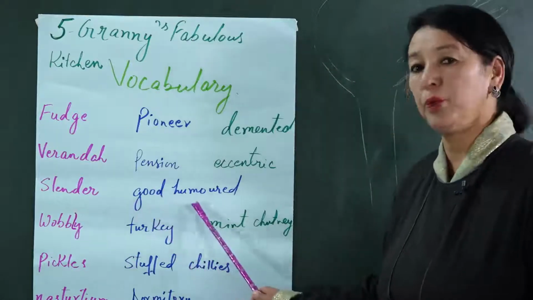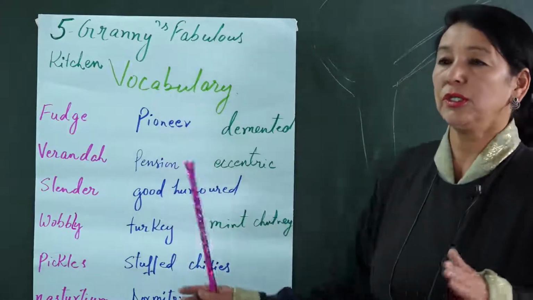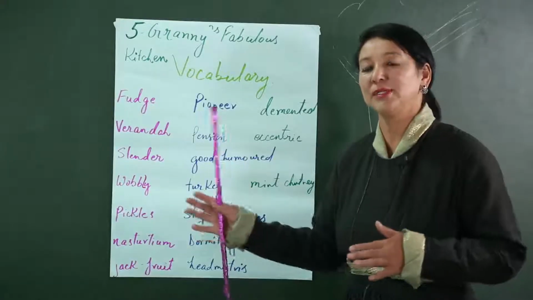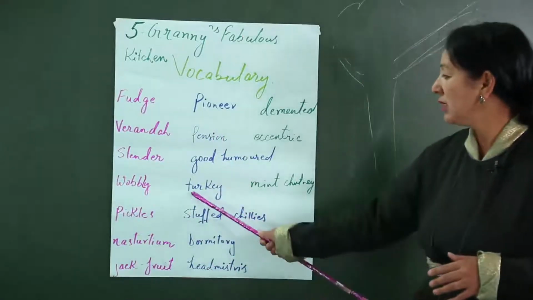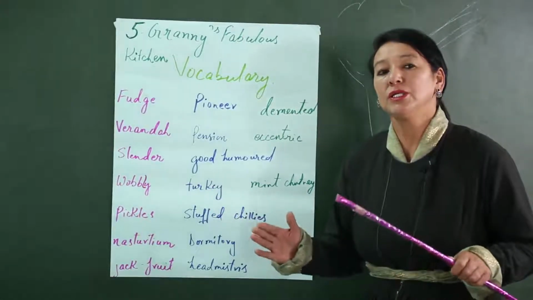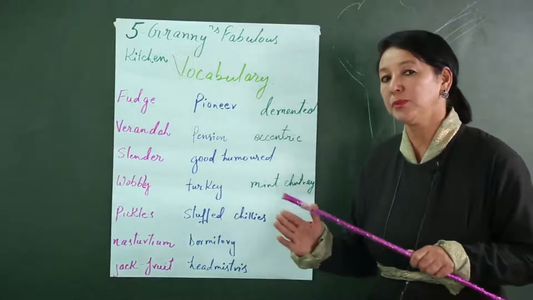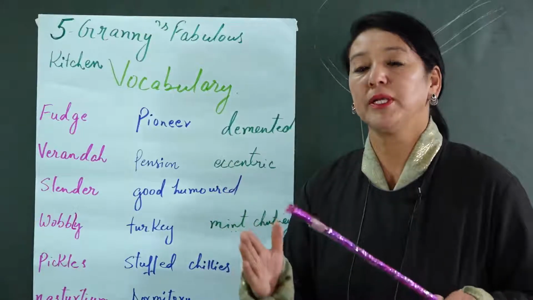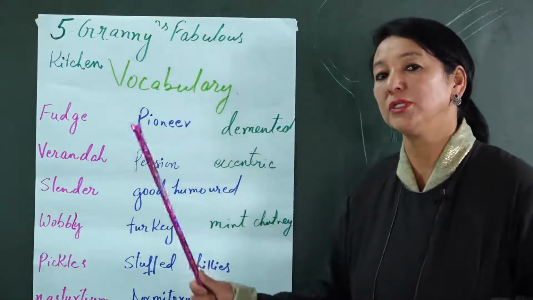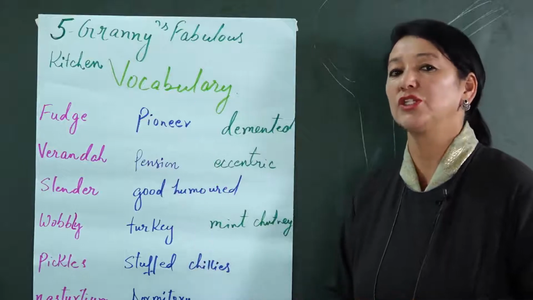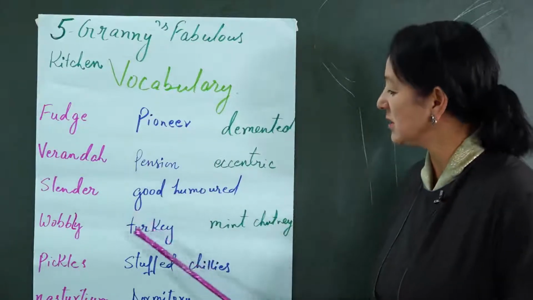Good humor we can say is acha khasa hasi mazak. Turkey is a large bird which the British used to keep at their home, and especially that bird is used at the time of Christmas, so that they can eat the flesh of that bird. That is the turkey.